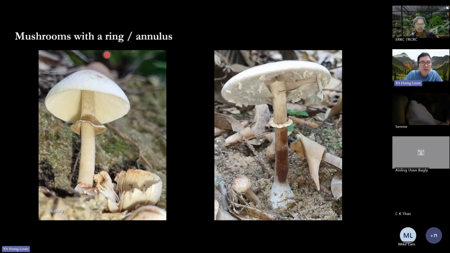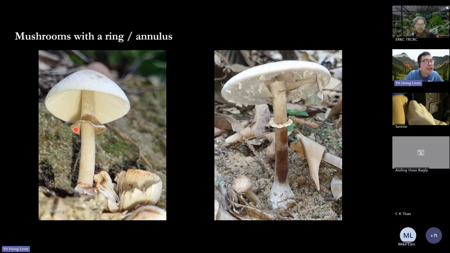Then this is a mushroom with a ring, or in the mycologist's terms, an annulus. You can see along the stem here, this is a ring. You can see a ring over here and here.